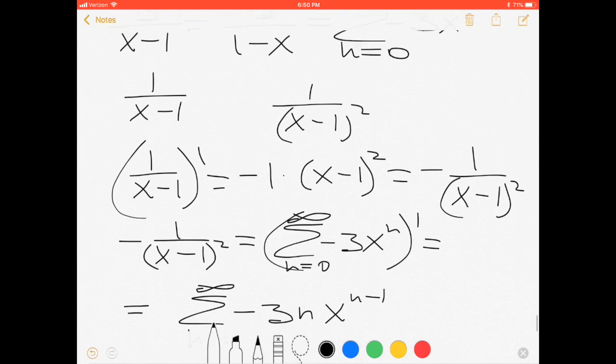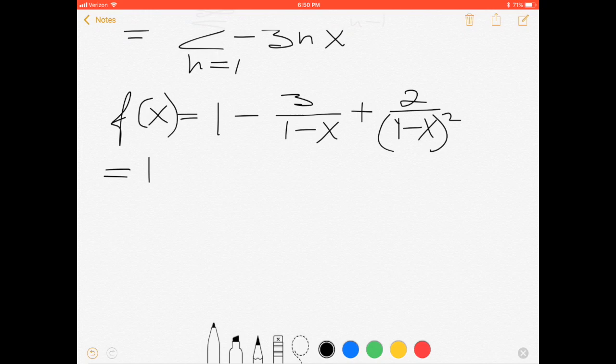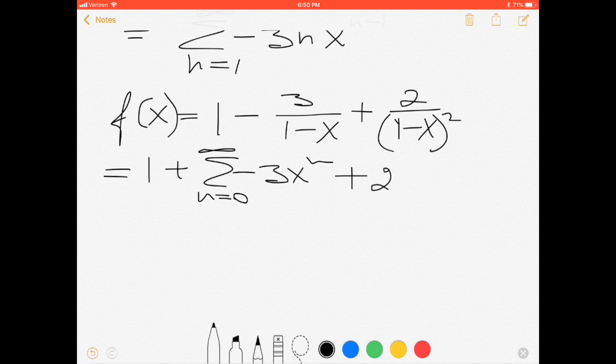This series we write as plus the series of minus 3x to the n, n from 0 to infinity. And the second series will be the derivative but with opposite sign. This means here we have plus twice the series 3n x to the power n minus 1, starting with 1 to infinity.